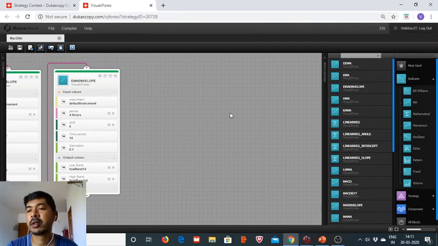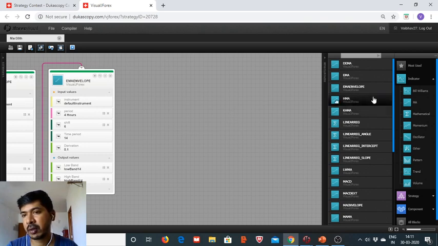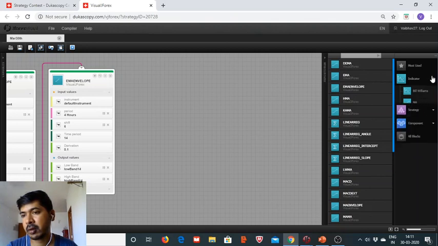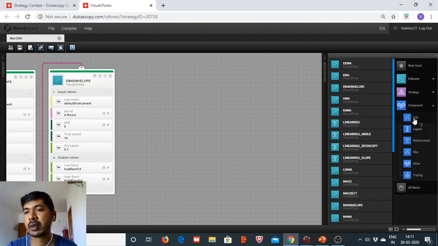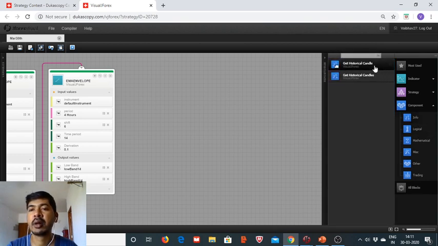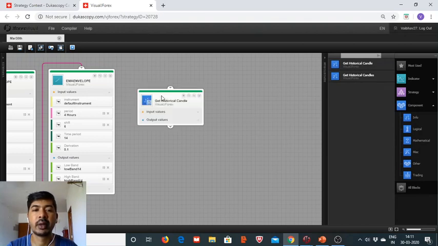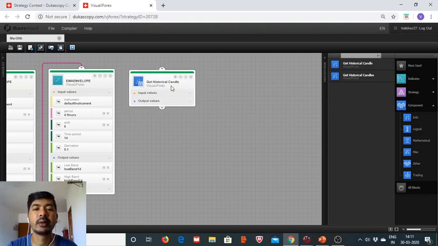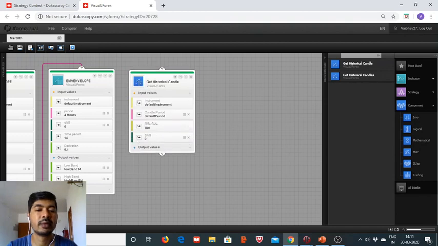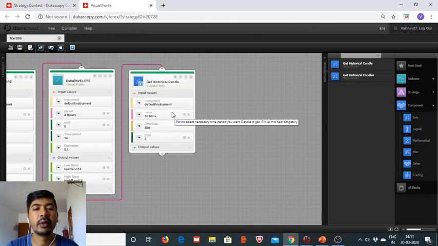We will also need a historical candle. Now we need components info. So here is the historical candle. Again, it should be of 4 hours. Euro USD 10 minutes.